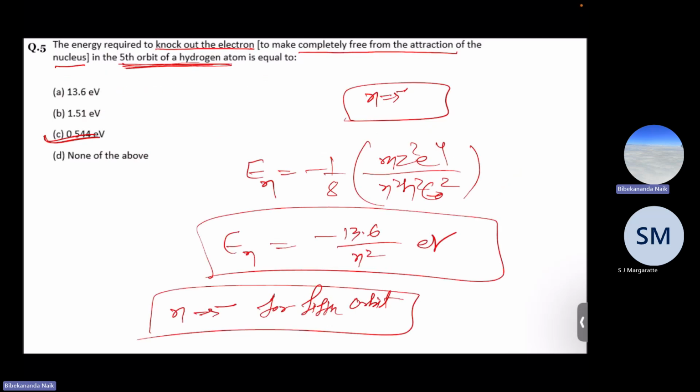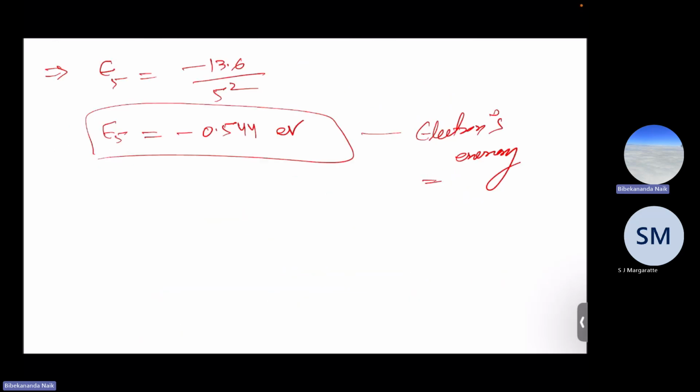But we need to find out the energy required to knock the electron out of the nucleus, that is completely free. Suppose this is E initial, minus 0.544 eV, and we need to make the electron free so that the final energy of the electron will be 0 eV. So if the energy of the electron is minus 0.544, how much energy is required to make the energy of the electron 0?